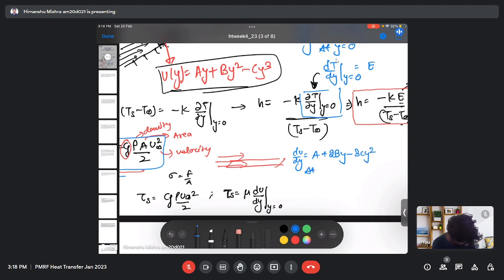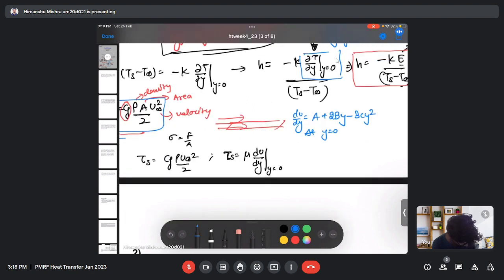And at y equals 0, it will be just A. So my shear stress will be mu A. This is my shear stress.